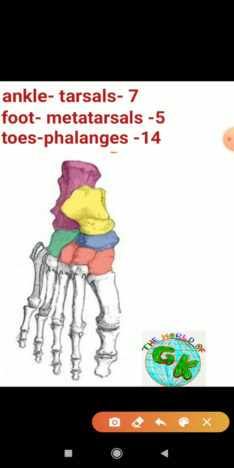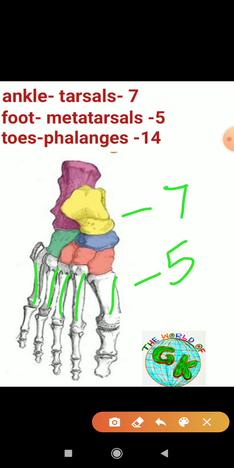Next is ankle bones. Ankle bones known as tarsals. Tarsals are 7. Then foot part, that bones in the foot known as metatarsals. Here you can see 5 metatarsals. Total 5 metatarsals are there.